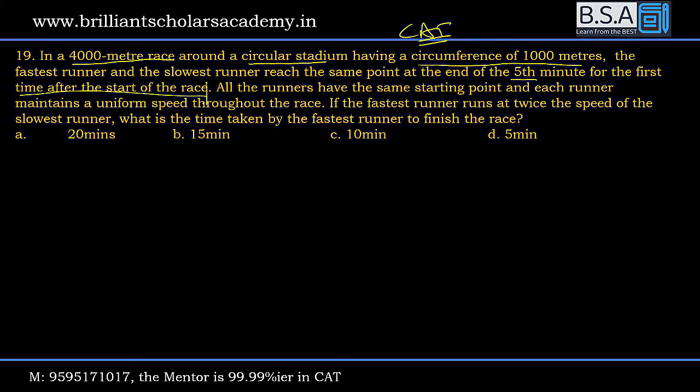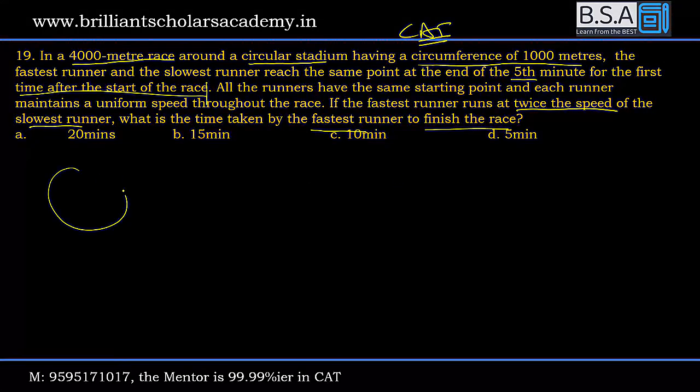After the race starts, all the runners have the same starting point. Each runner maintains a uniform speed throughout the race. The fastest runner runs at twice the speed of the slowest runner. What is the time taken by the fastest runner to finish the race?